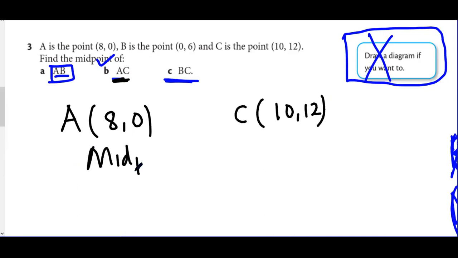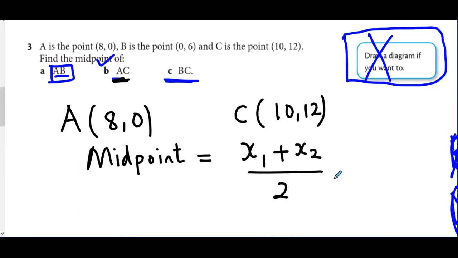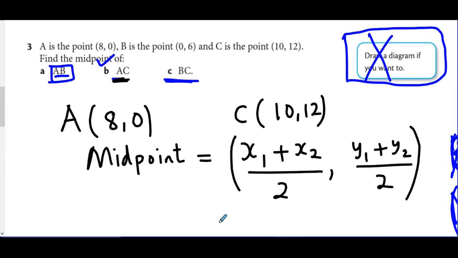So the midpoint of the line from A to C will be equal to, do you remember the formula? Yes, of course. It is x1 plus x2, the answer you get divided by 2. Put a comma. y1 plus y2, the answer you get, you divide by 2. This is your midpoint formula.